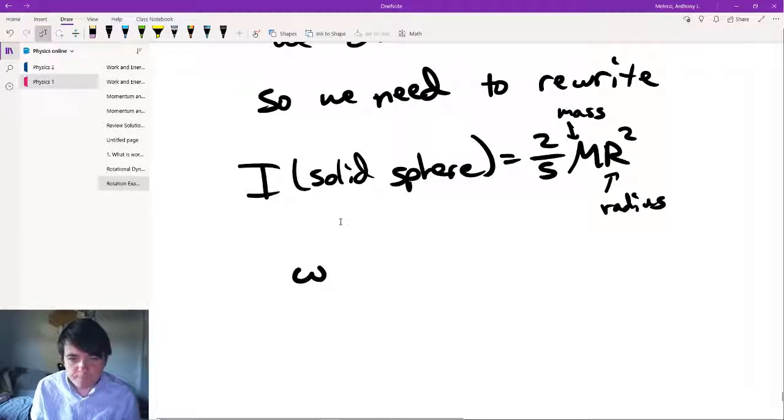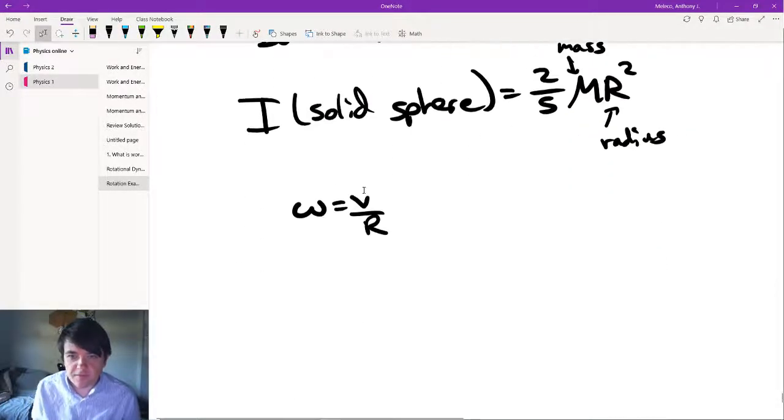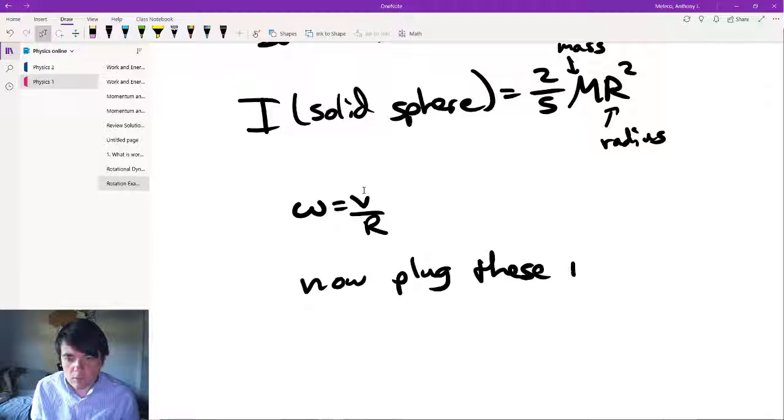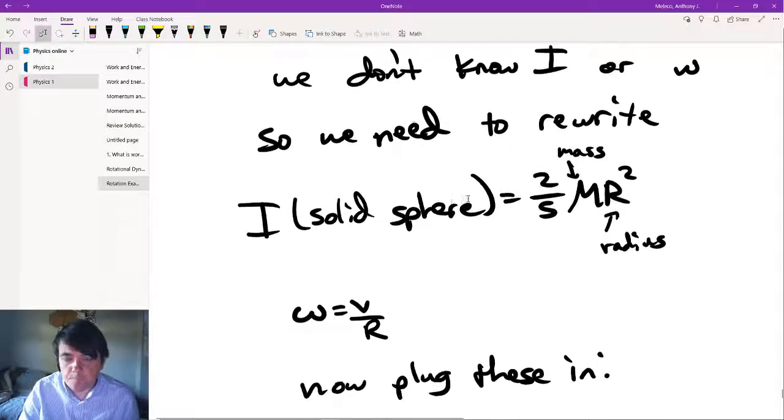Omega is equal to v over r. And so what we're going to do is plug this in. And again, I think I mentioned this before, if you need this on an exam, I will give you I, big I. I will give you everything you need to solve for that.